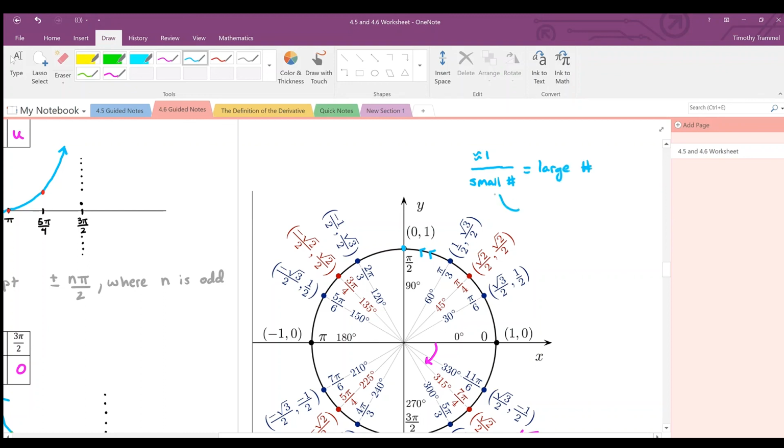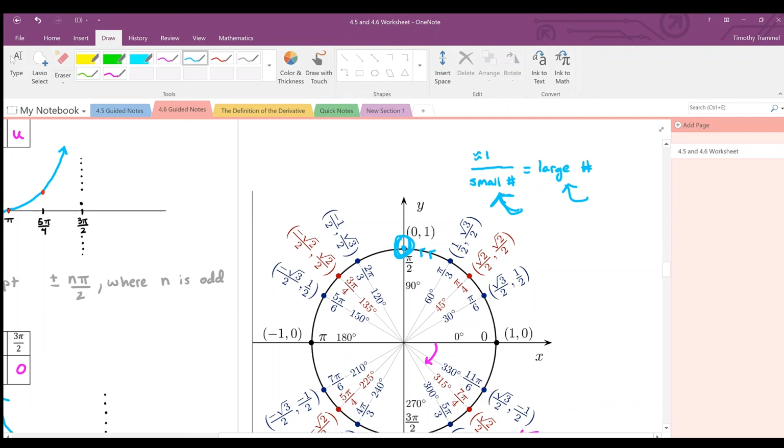And the closer that we move towards this point, the smaller this number that I have arrowed to gets, which means the larger that this one gets.